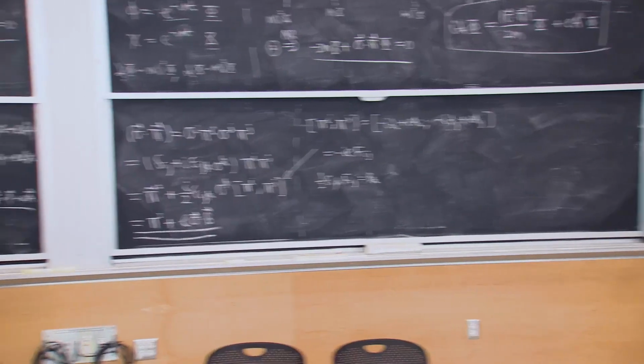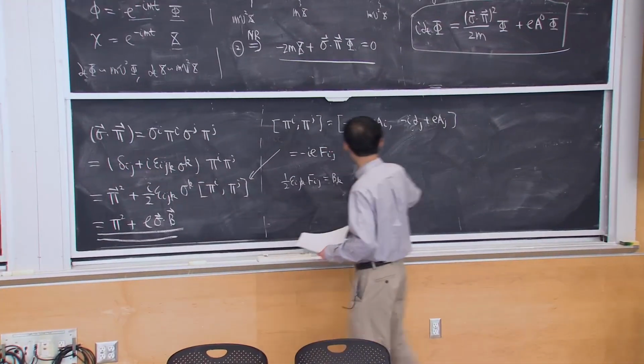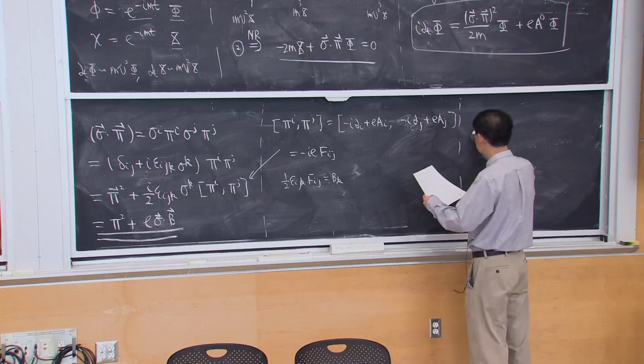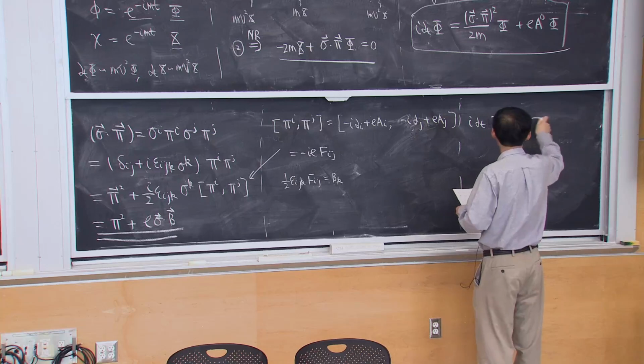Okay, good. We are there. So now we are done essentially. Now the Schrodinger equation: partial t phi equals H phi.